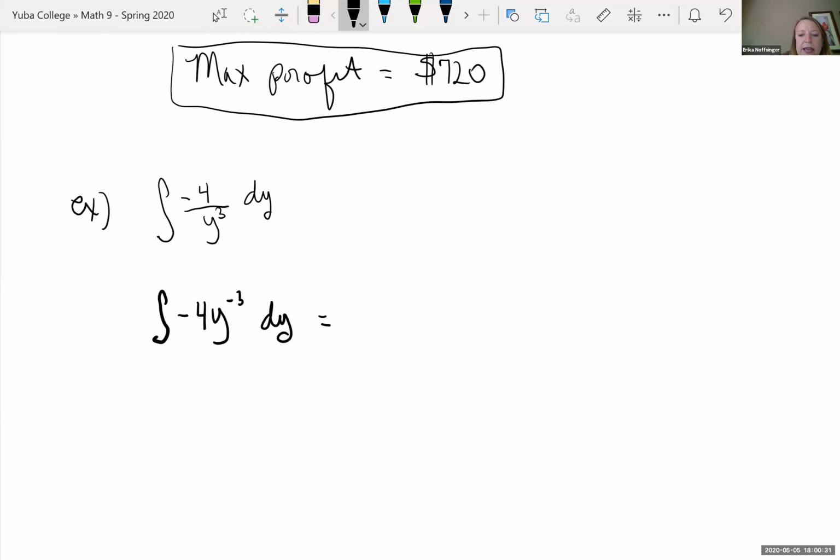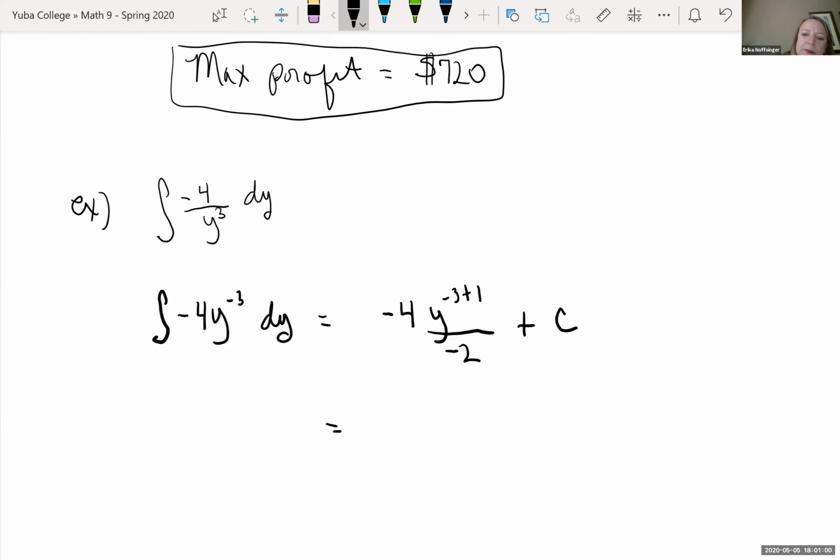And so when we took the antiderivative, let's just keep our coefficient -4. But when we take the antiderivative, we're adding 1 instead of subtracting 1 to our power. So -3 plus 1, all divided by our new power. So -3 plus 1 is -2, plus our constant c. And so here we have -2 goes into -4 twice.